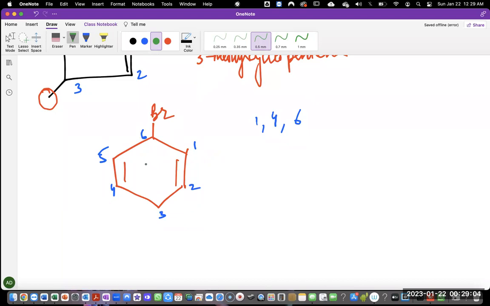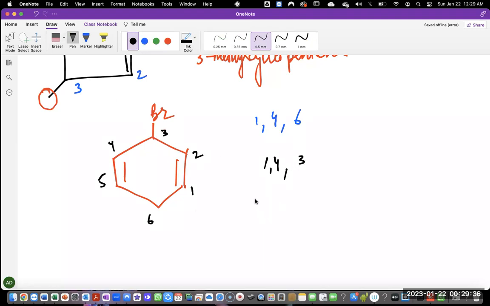What is another option? Let me remove this numbering. So this was 1, 4, 6. Let's get rid of that for right now. The other possibility is that I start numbering from here, 1, 2, 3, 4, 5, and 6. In this case, what are we getting? I'm getting 1 and 4 for my double bonds, which is good, similar to the numbering we did earlier. But then the bromine is getting 3.